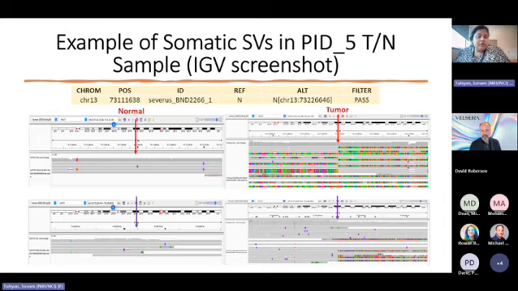There was an inversion on chromosome 13 from position 7311638 to 7322646, and these are screenshots taken from IGV, which clearly show that in normal we do not find any break endpoints, no soft clip reads here, but in tumor we can see soft clip reads, and there is a break endpoint in both positions.